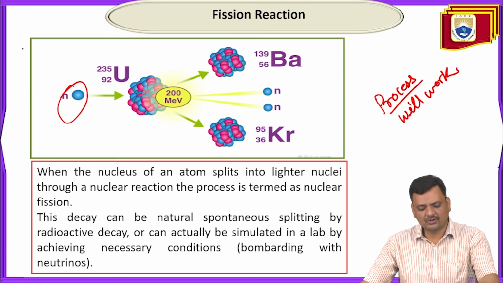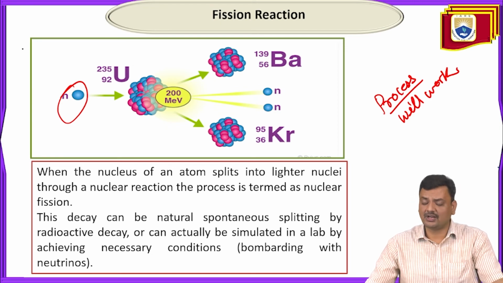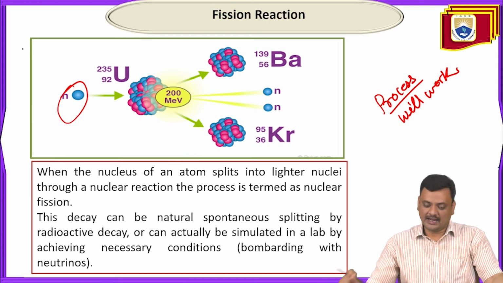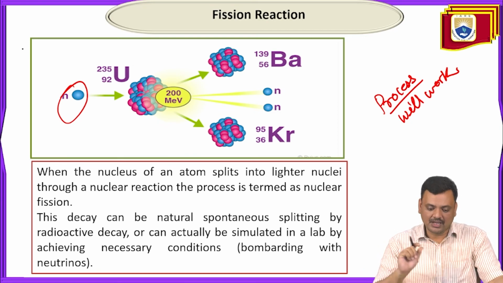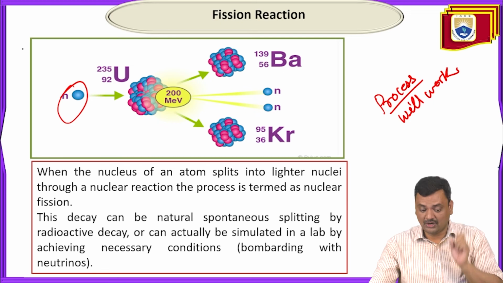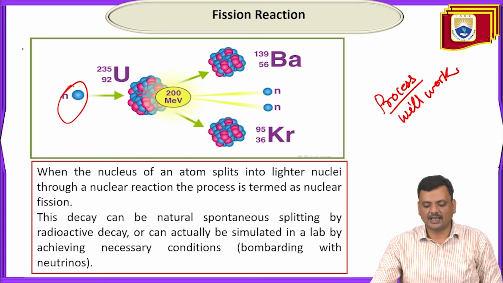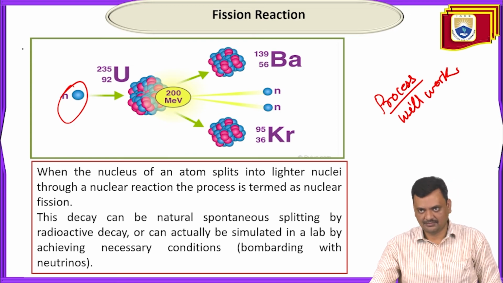So one neutron strikes a uranium 235 atom, and it is responsible for breaking this uranium 235 atom into barium 139 and krypton 95.